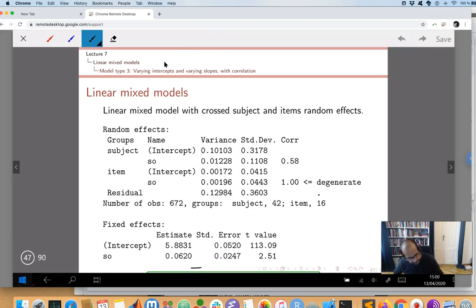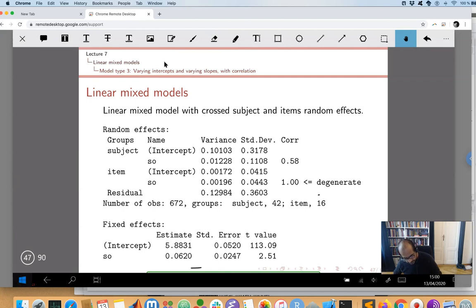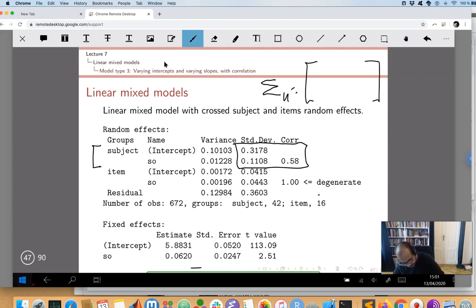The variance covariance matrix for subjects, for example, is going to now basically be shown here. This is giving you a summary of the variance covariance matrix for subjects, right? So basically the sigma for subjects is going to be the following variance covariance matrix. The standard deviation for the intercept is 0.31.